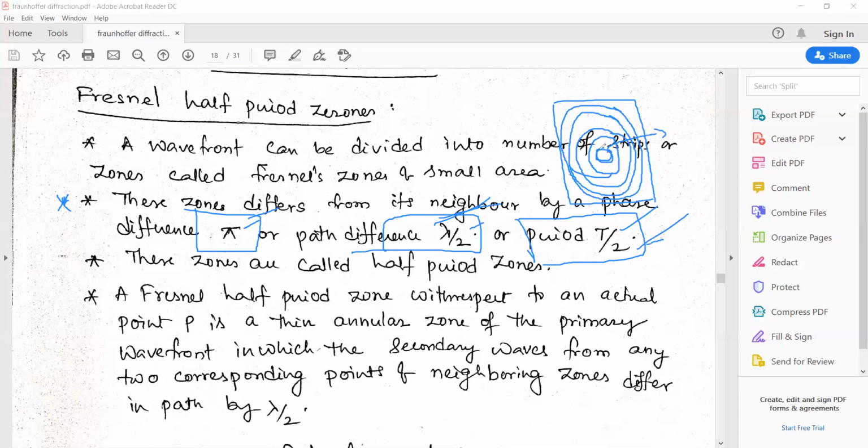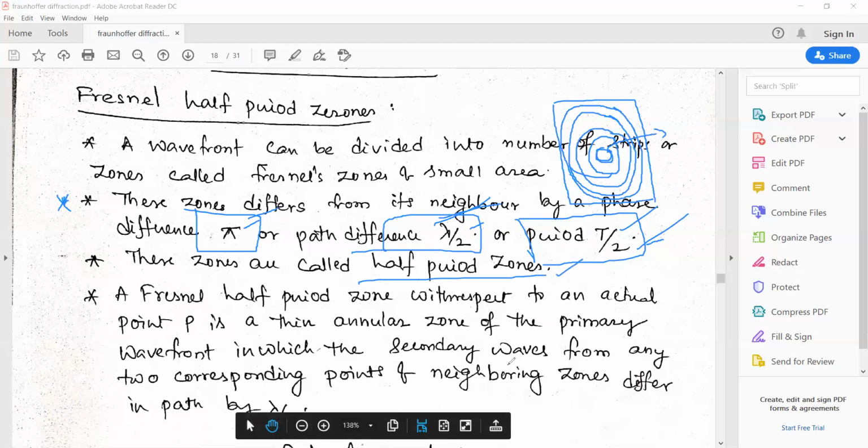That's why these zones are called Fresnel's half-period zones. Half-period means time period T by 2, path difference lambda by 2, phase difference pi. The more elaborate way I have written here is a Fresnel's half-period zone with respect to an external point. So this is a planar wavefront, and point P is away from the planar wavefront.